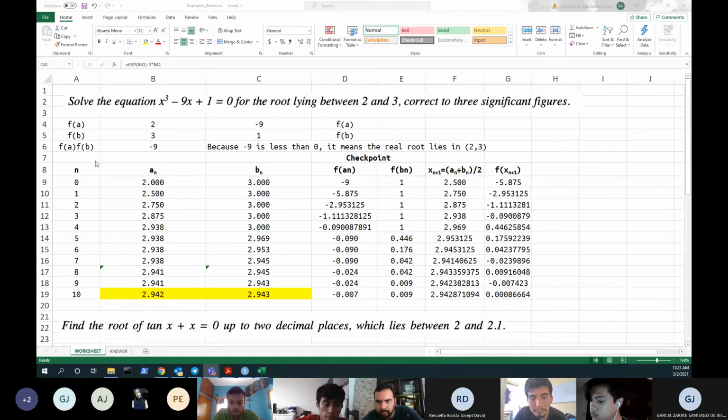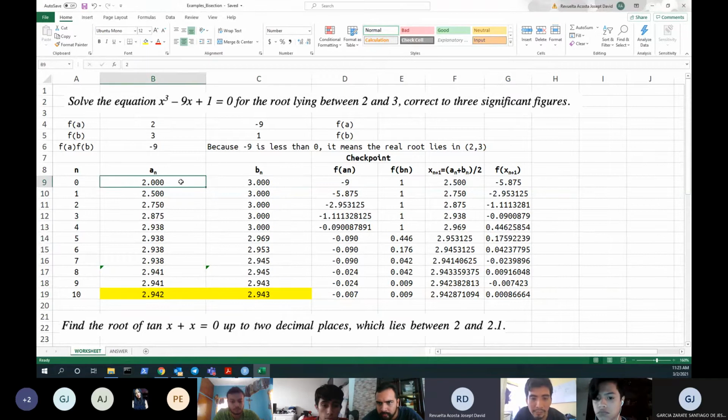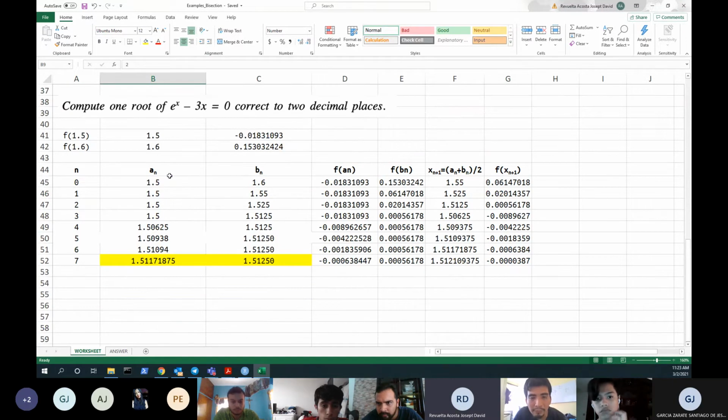Profe, tengo otra duda. Yes, go ahead. Ya empecé a hacer la sustitución de los valores en la fórmula de Excel. Entonces, en la iteración 0, para sustituir el valor de A y de B, la función A y la función B me dan positivo, pero no sé por qué. I don't think it's actually positive. So you have the two values, 1.5 and 1.6.